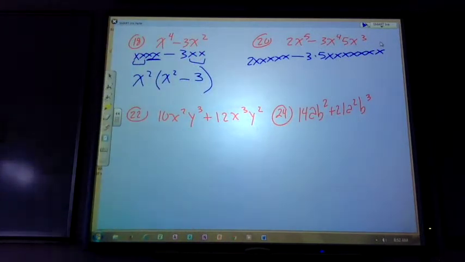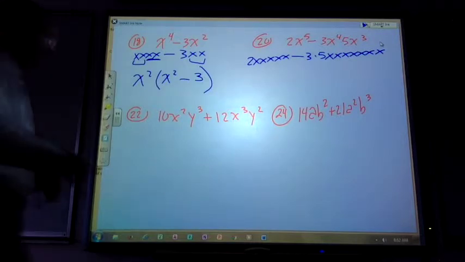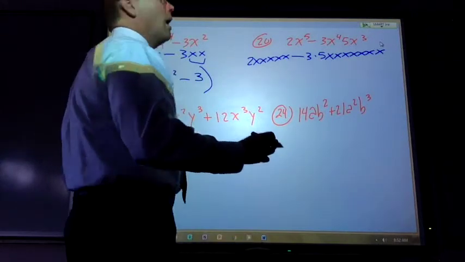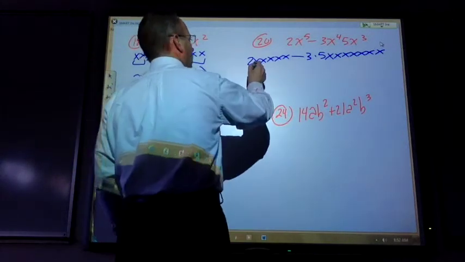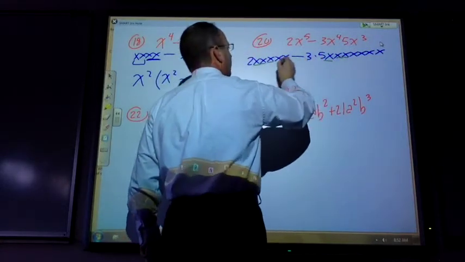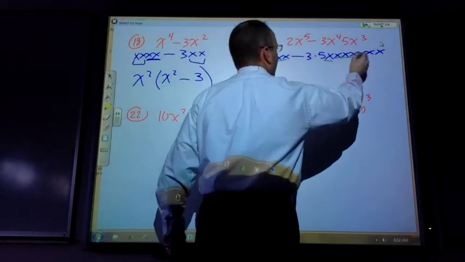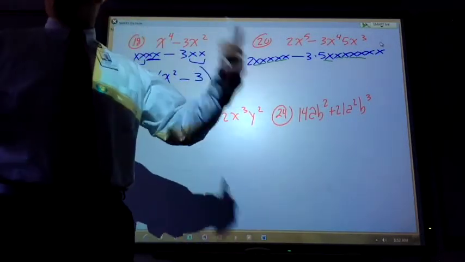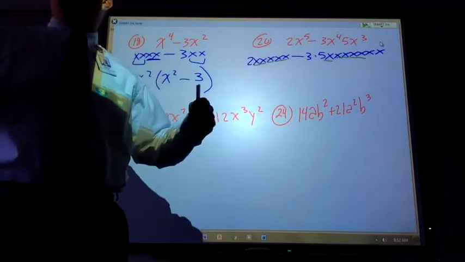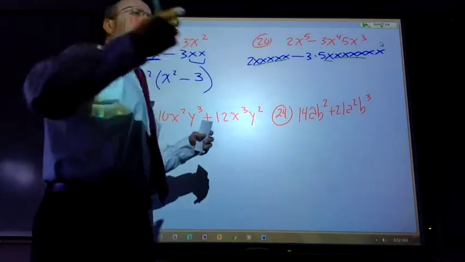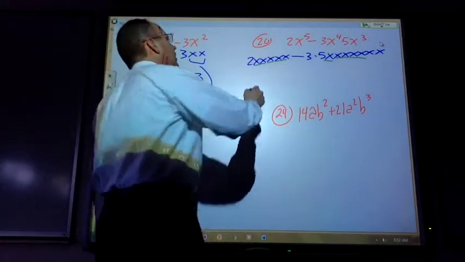Tristan, do I have a number in common on number 20 between the two I can factor out? No. X's. How many? A lot. So let's go. 1, 2, 3. I can't count it very well with my glasses on. I'll tell you there's 5 of them. Okay. If I were to write x, x, x, x, x, that's the same thing as what? X to the 5th.